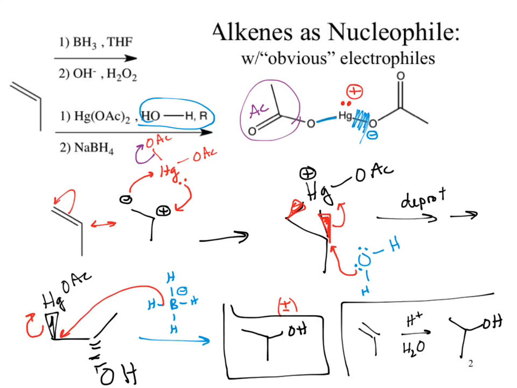What was one of the intermediates when we looked at the H plus and water reaction? Very first step, what did we form? A carbocation. As soon as you form a carbocation, what should you be thinking about? Stability, which means resonance, and rearrangements. Where's our carbocation in the mercury reaction?